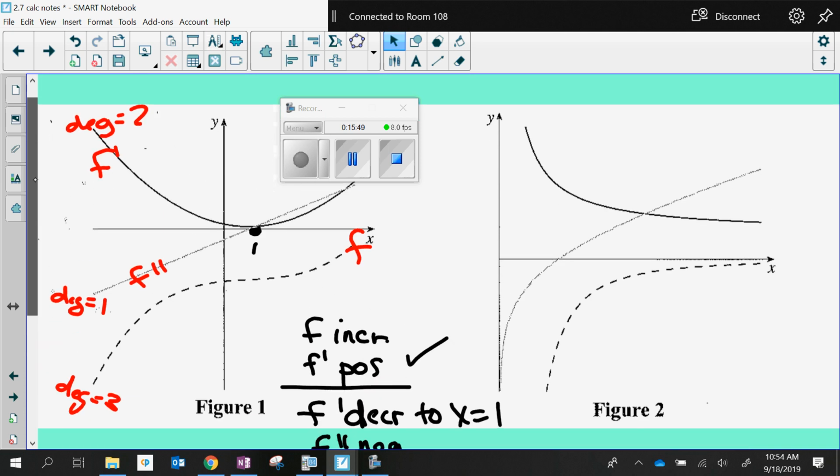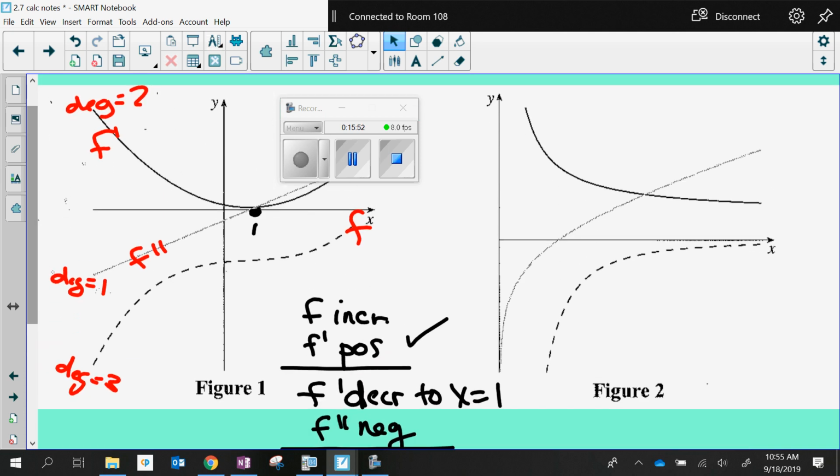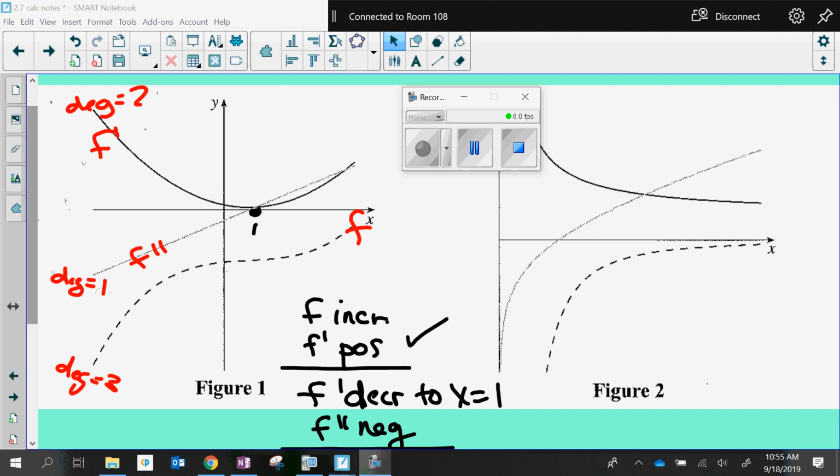Right, knowing what we know about derivatives, we were guessing that this was a cubic and this was a quadratic, so this guy would be the derivative of this guy, knowing that the degree is less. And then we're just checking, okay, as this increases everywhere, this is positive, so this parabola is definitely the derivative of this guy.